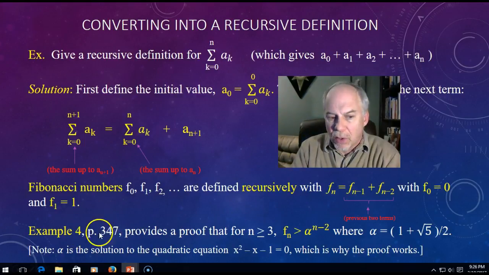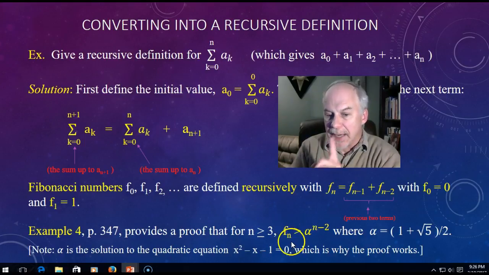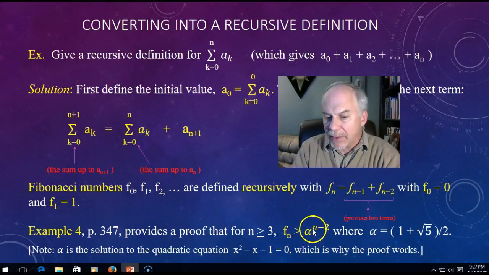Now, example 4 on page 347 provides a proof that for n greater than or equal to 3, any Fibonacci number with subscript n, so the nth Fibonacci number, will be greater than alpha to the n minus 2 power. Now, that's not the letter A, that's the Greek letter alpha, where alpha is this number, 1 plus the square root of 5 divided by 2.